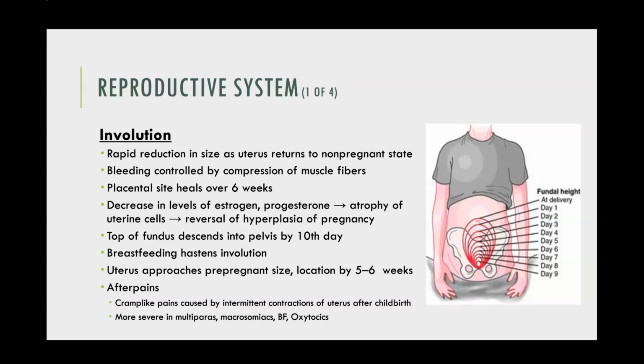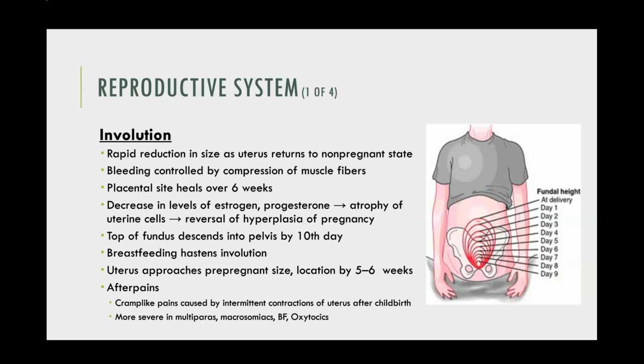So there is a decrease in levels of estrogen and progesterone, which causes an atrophy of the uterine cells. And this helps to reverse the hyperplasia of pregnancy. So the growth of the uterus, we're reversing that with these decreased levels of hormones.